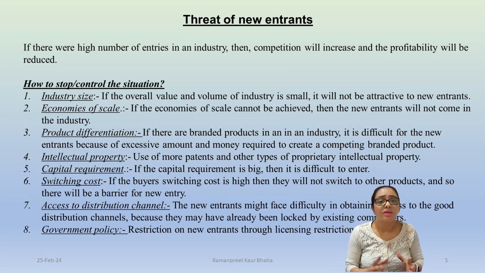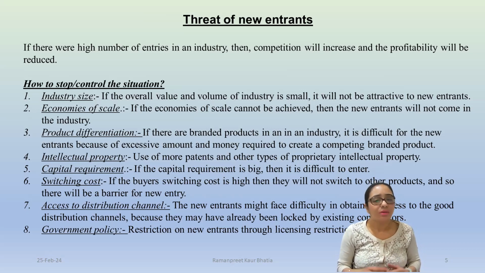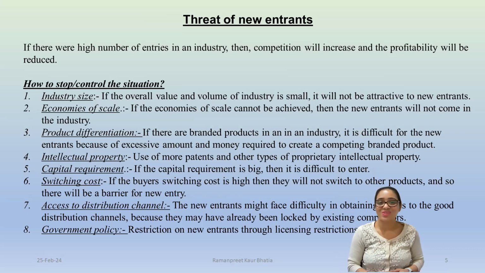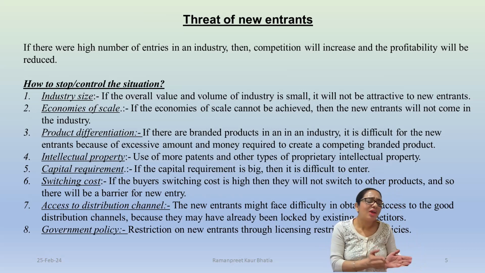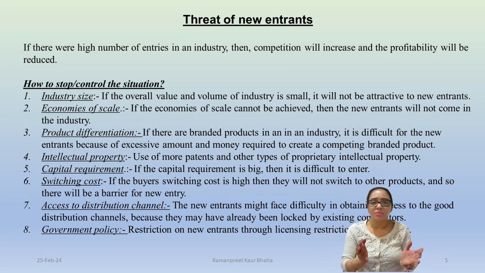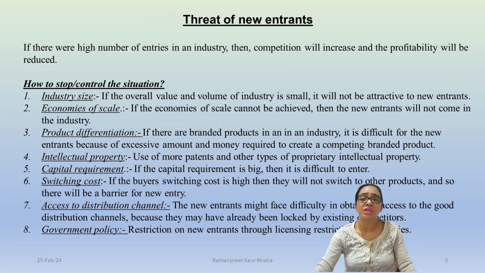The next, government policy. Government policies may restrict new entrants through licensing restrictions and their policies. Industries where permits and licenses are required to establish production tend to have very limited entry. The module gives us an example where limited licenses are issued in Australia to telecommunications, to radio, to TV broadcasting, and taxis.